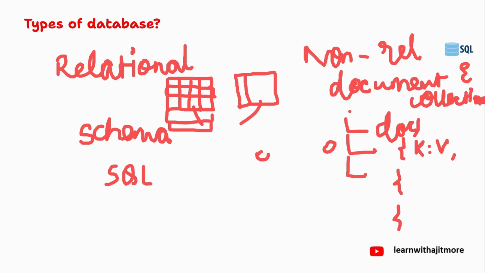Generally use it when you just want to store the information and present it. You just want to dump the information and present it to the end user. Then we generally go for non-relational. So MongoDB, Firebase, and many cloud-based database management systems nowadays all go under non-relational.